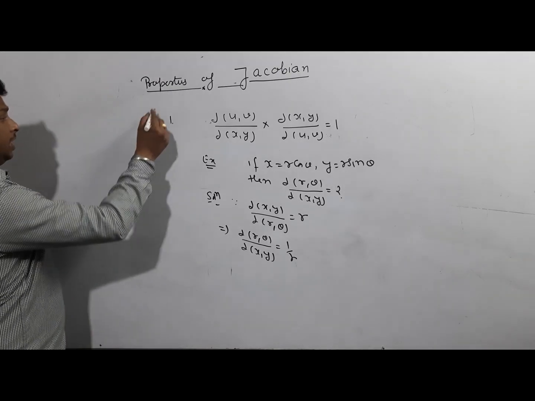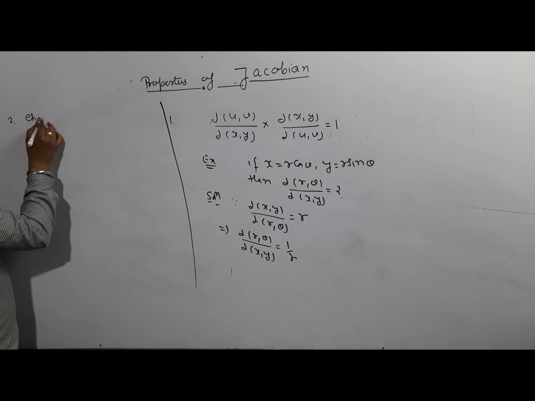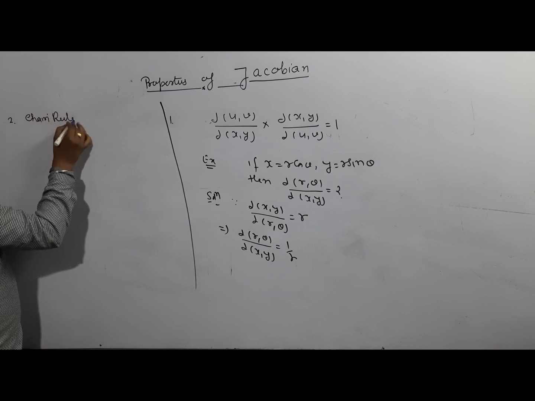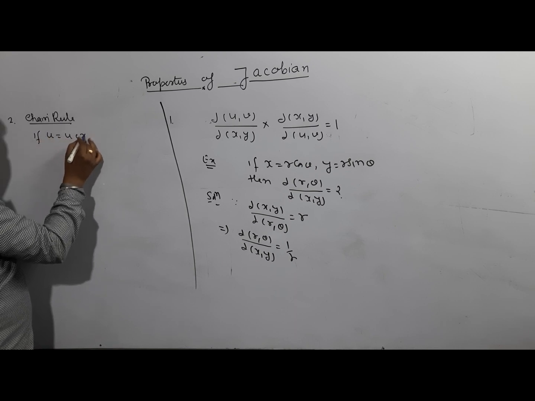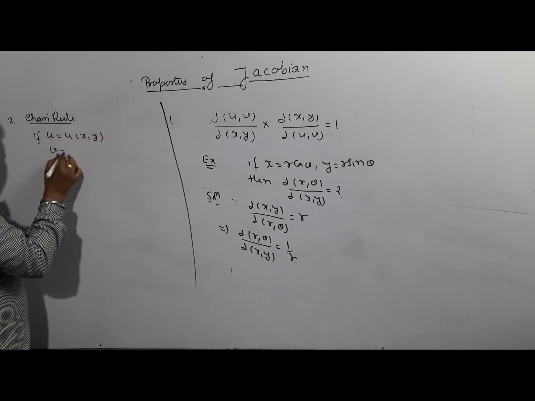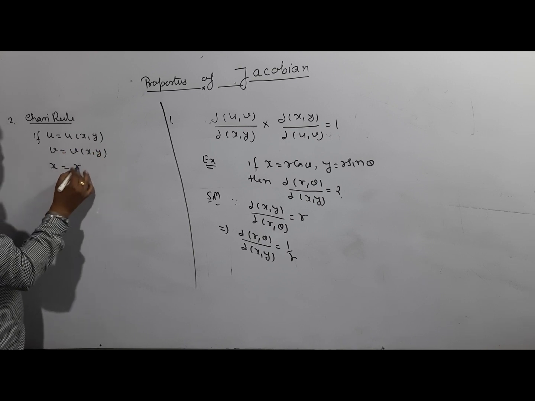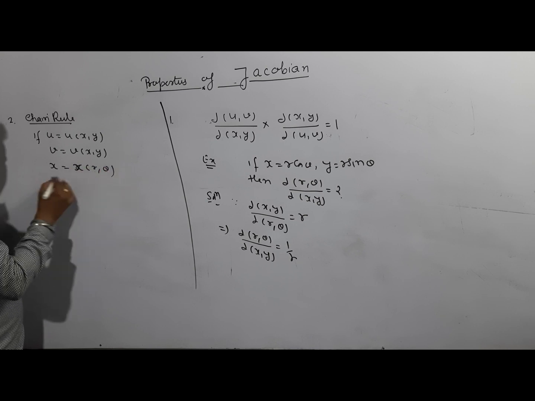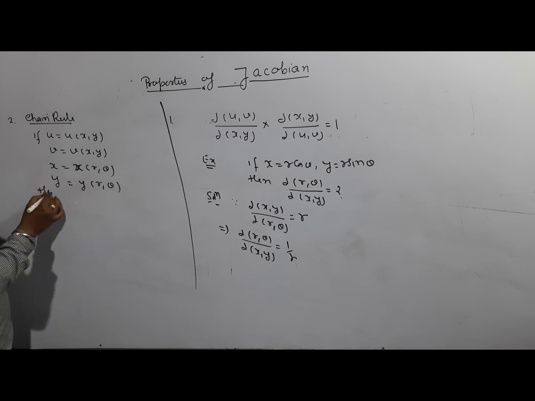Now I will tell about the second property. Second property is the chain rule. If u is a function of x and y, v is a function of x and y, x is a function of r theta, y is a function of r theta, then how do we calculate the Jacobian of u comma v with respect to r theta?